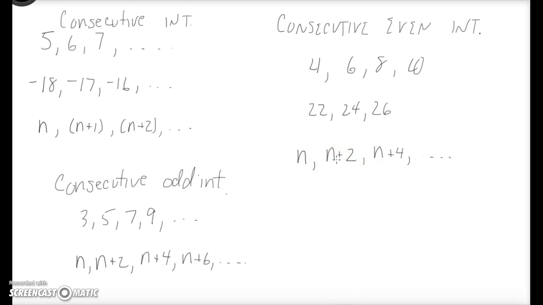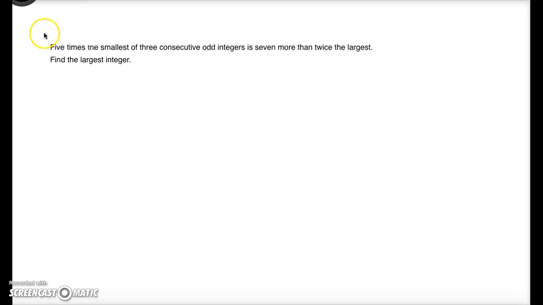So now let's look at solving a problem involving these. 5 times the smallest of 3 consecutive odd integers is 7 more than twice the largest. Find the largest integer. So since we have 3 consecutive odd integers, we can say n is the least of our integers.